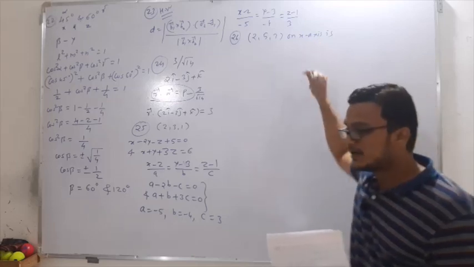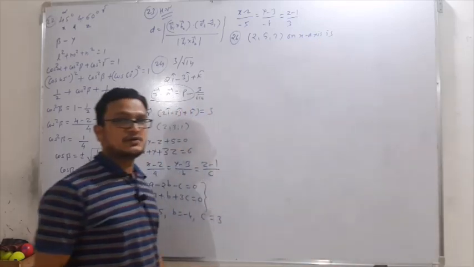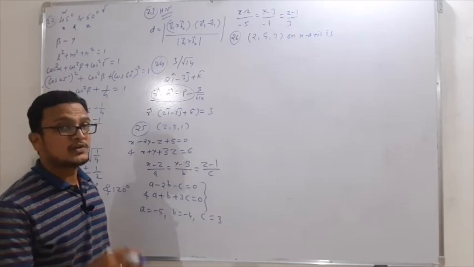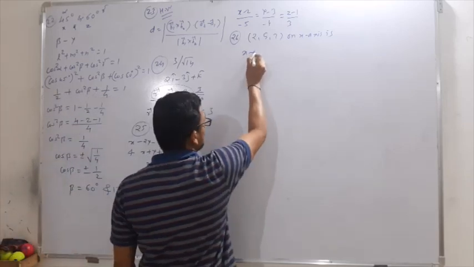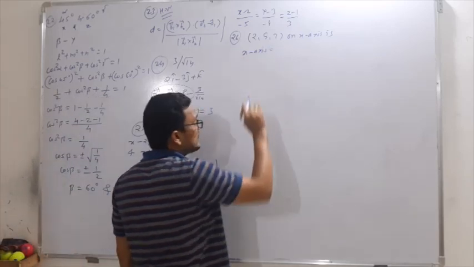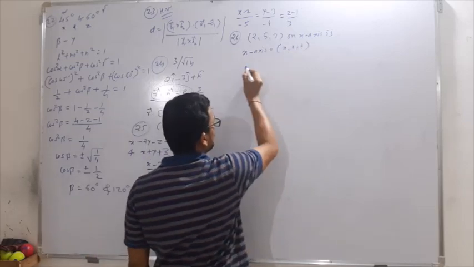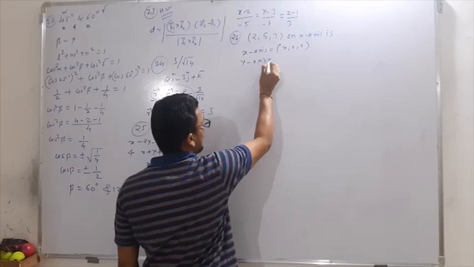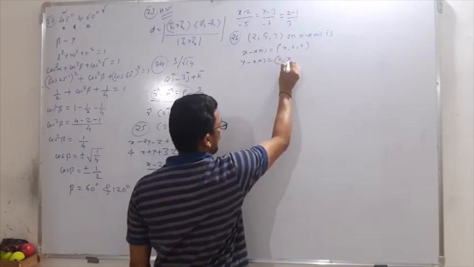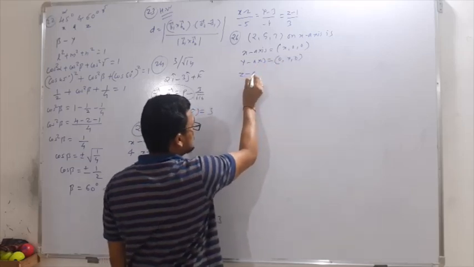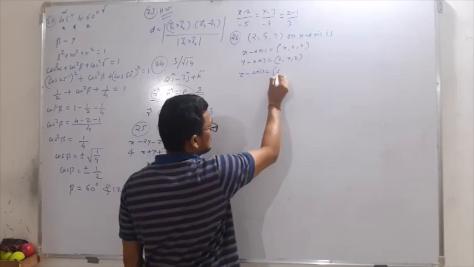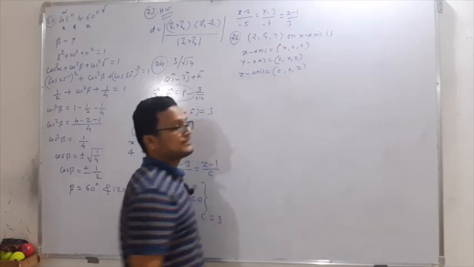Just keep in mind, when you are finding the coordinates of the foot of the perpendicular for a particular axis, the coordinates for the x-axis are x 0 0, for the y-axis are 0 y 0, and for the z-axis are 0 0 z.